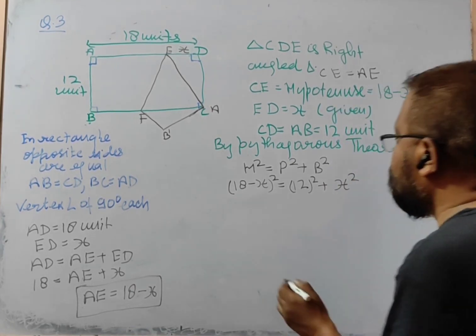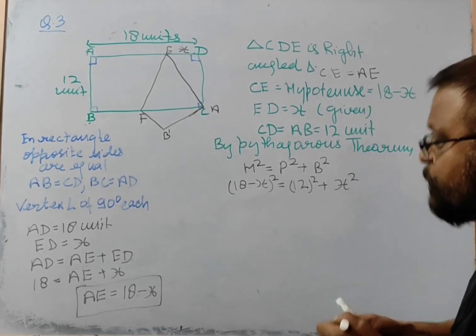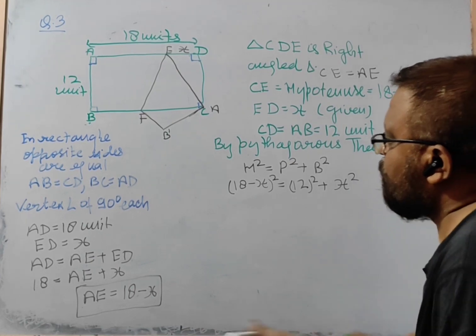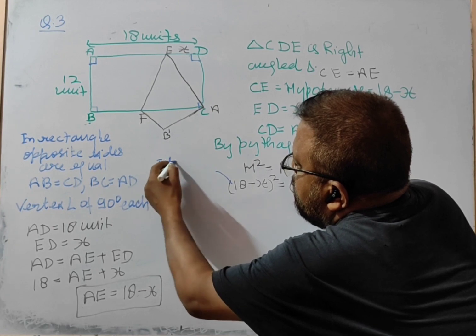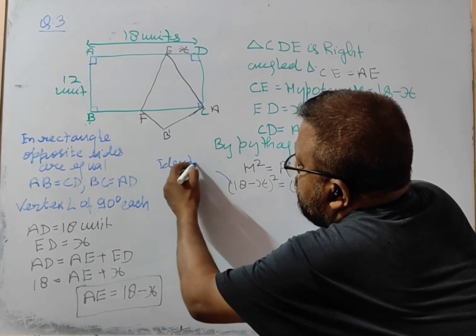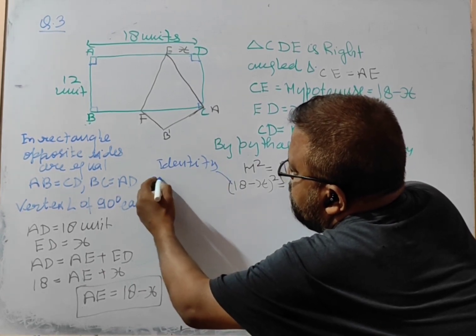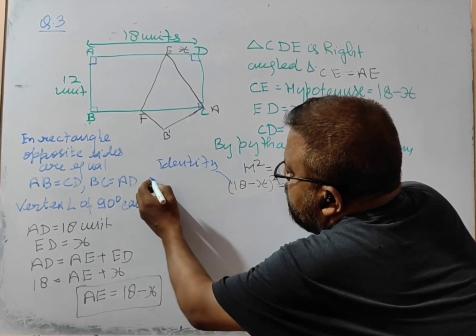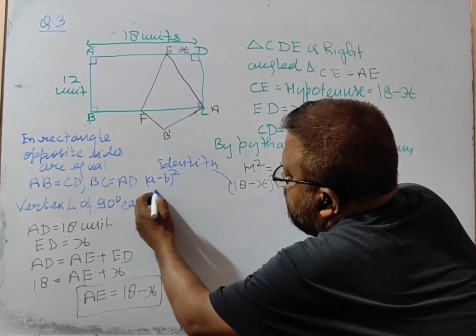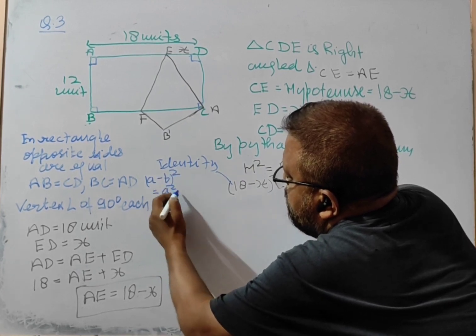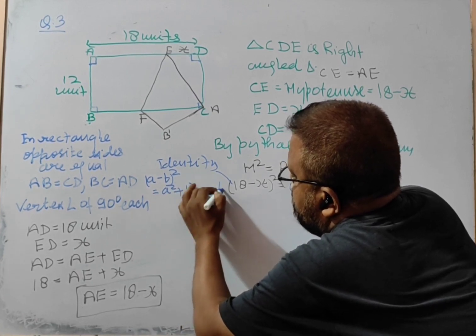So here we will apply the formula of a minus b whole square. Here we will use the identity, a minus b whole square is equal to a square plus b square minus 2ab. Right?